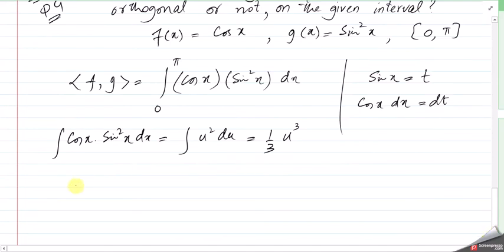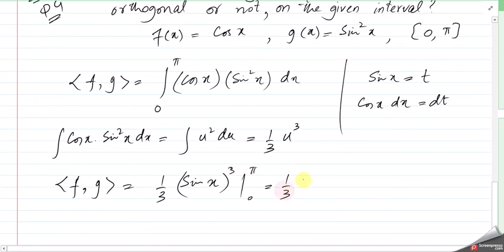Okay, so our integral f to g becomes 1 by 3 sine of x whole cube, and the limit is 0 to pi. So that gives 1 by 3 sine cube of pi minus sine cube of 0. And the answer is clearly 0.